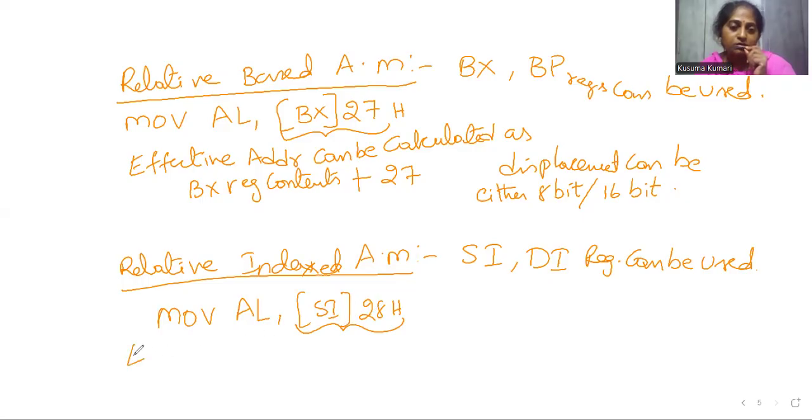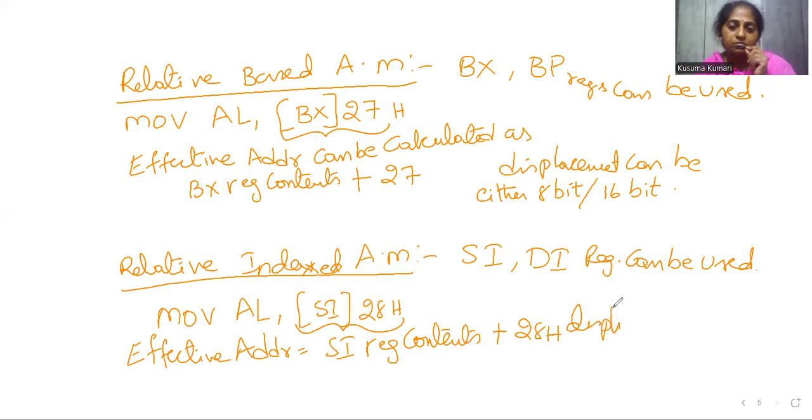So here the effective address is equal to source index register contents plus displacement 28 hexa.